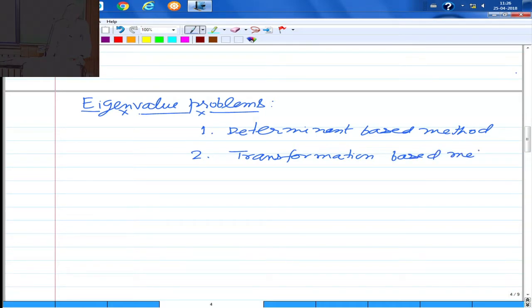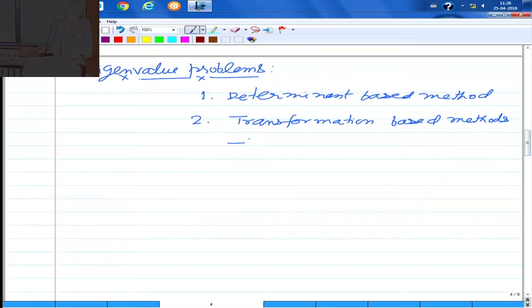So what you are doing here, again I think I will repeat this. Maybe I am taking a little more time. So the Jacobi method. In this, essentially the idea is finally to transform both stiffness and mass matrices into diagonal matrices by using a set of transformations. So that is what essentially we are doing.